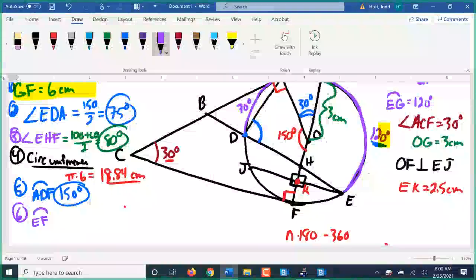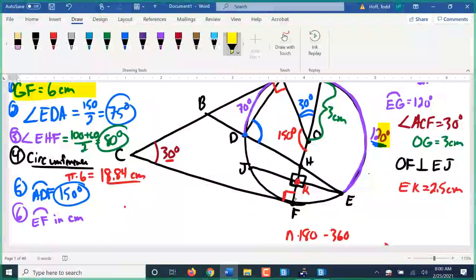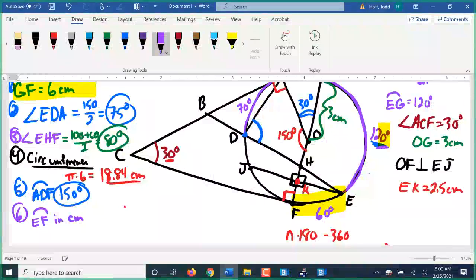We already found this one, arc EF, but I want you to find it in centimeters. Rather than the degrees, I want you to find the arc length. Well, we said earlier that arc EF here was a 60-degree arc because it has to combine with the 120 to make 180 or make a half circle.